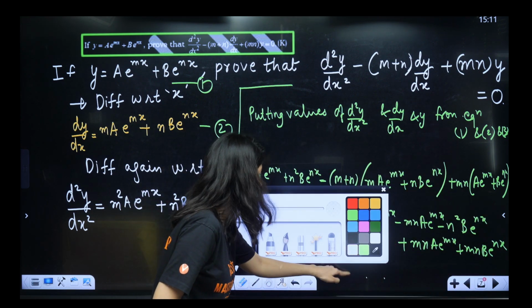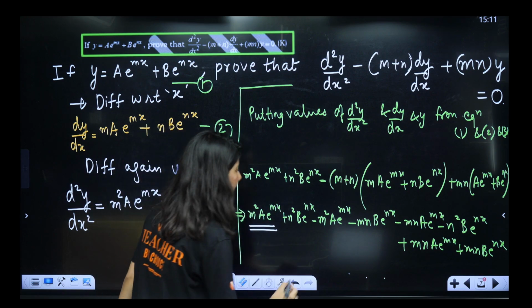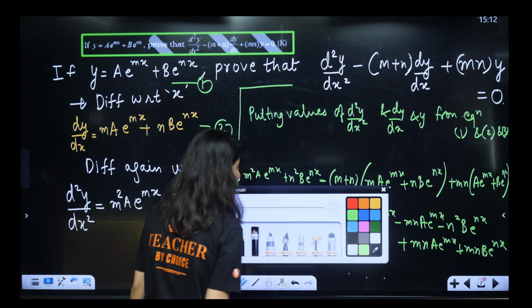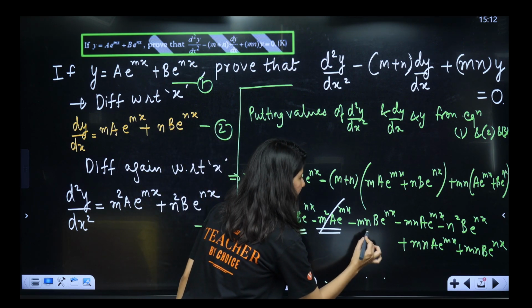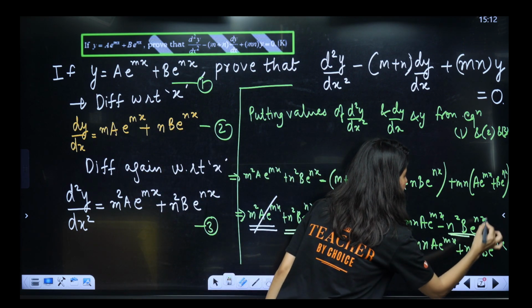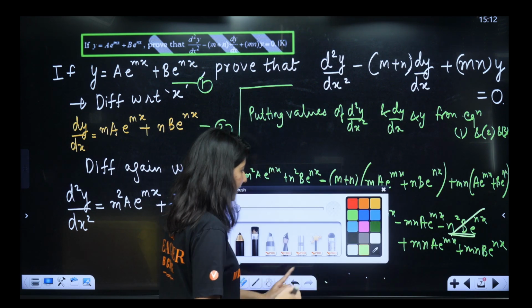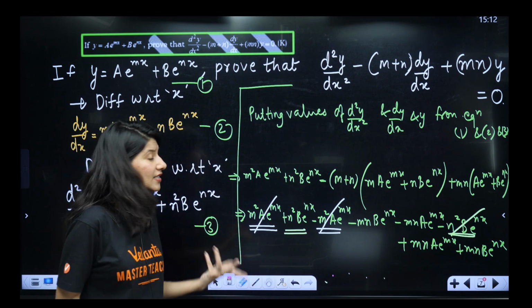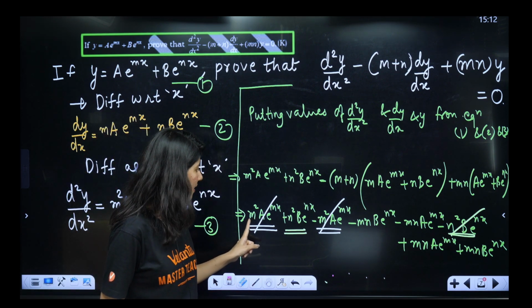Now understand. m square a e raised to power mx will get cancelled out by this. Gone. n square b e raised to power nx will get cancelled out with n square b e raised to power nx. Okay, alright. Whenever you cut these things out, do remember to do it neatly, otherwise nobody will understand. Now what I'm doing is making the color coding.